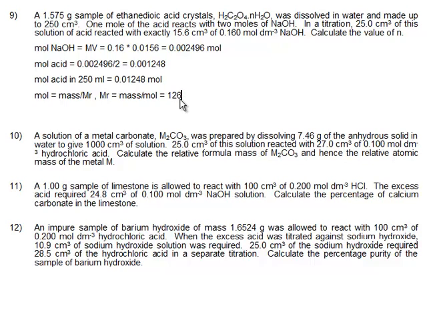Now then, this gives us the mass of the... I've done this wrong, haven't I? Sorry, I'm jumping ahead of myself. This is the moles of acid only. And the acid only is H2C2O4.